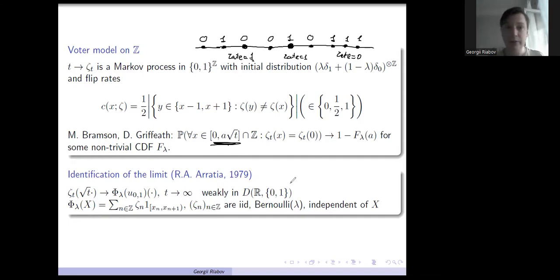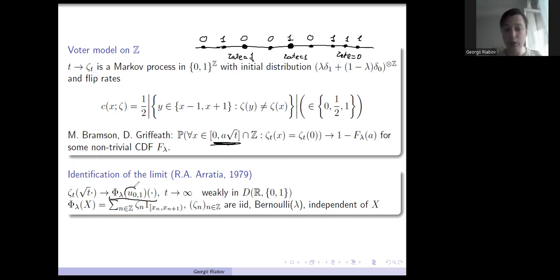One of the motivations of Arratia was to explain this result, and he proved that after scaling, this process weakly converges to the following object.